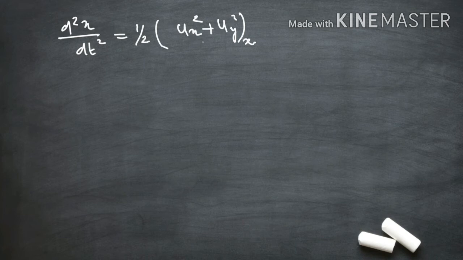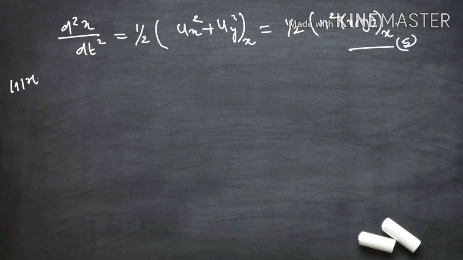But ux square plus uy square is equal to n square. So this is equal to half into the derivative of n square of x comma y with respect to x. Okay, then let this be equation number 5.